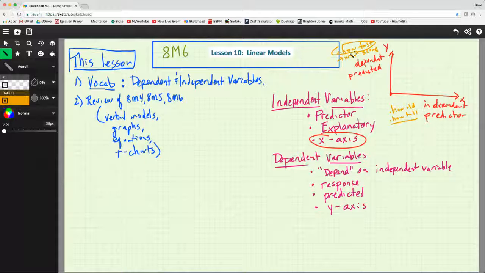However, let's say that you wanted to run an experiment and figure out what score someone got on a test. Well, what independent predictors? Probably not how tall you are. If you put height down here to figure out what score they would get on a test, I'm going to predict you're going to get no correlation. You're going to get something kind of flat.